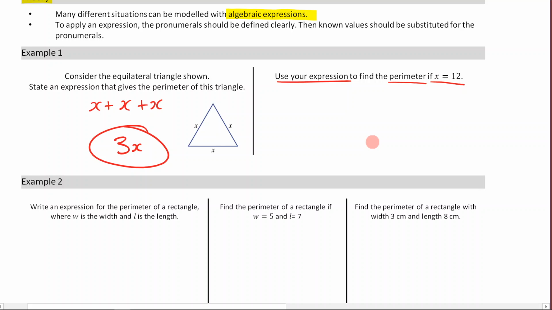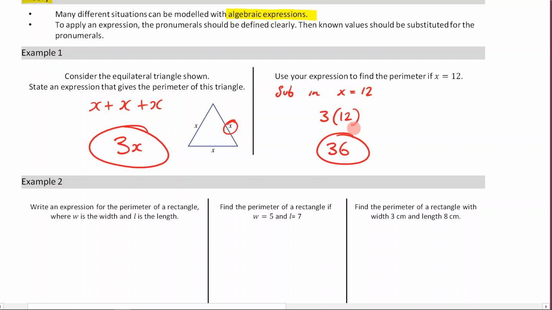So we're going to sub in x is equal to 12, and we end up with 3 times 12, which is equal to 36. All I've done is put 12 into the x position to get 36.